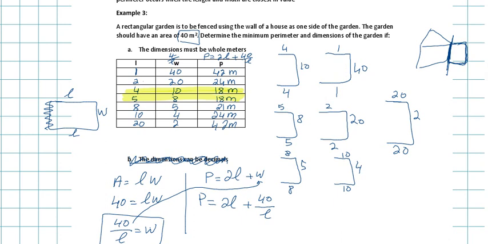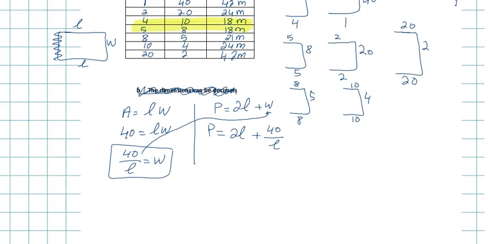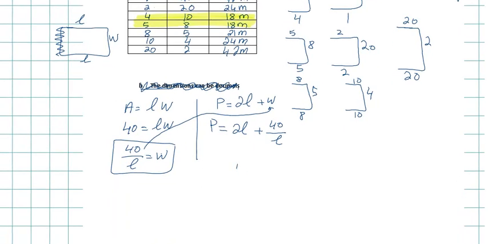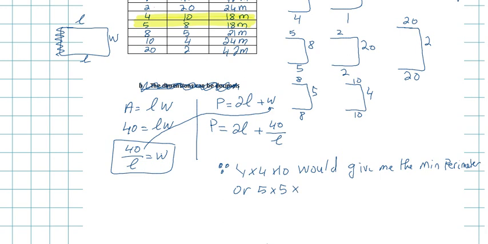So I'm going to say here that 4 by 10 would give me minimum perimeter, or 5 by 8. Always, we look to the minimum or maximum.